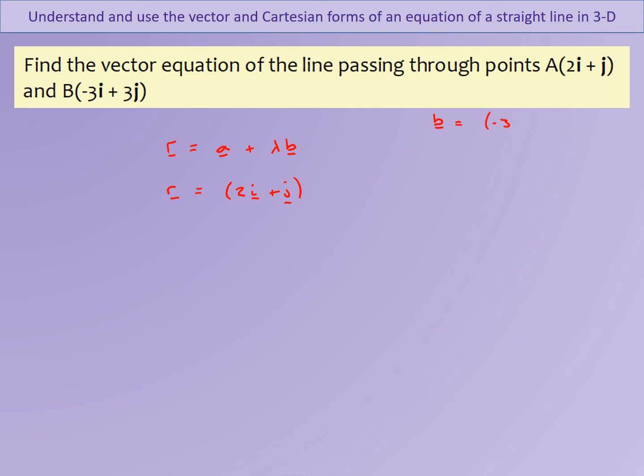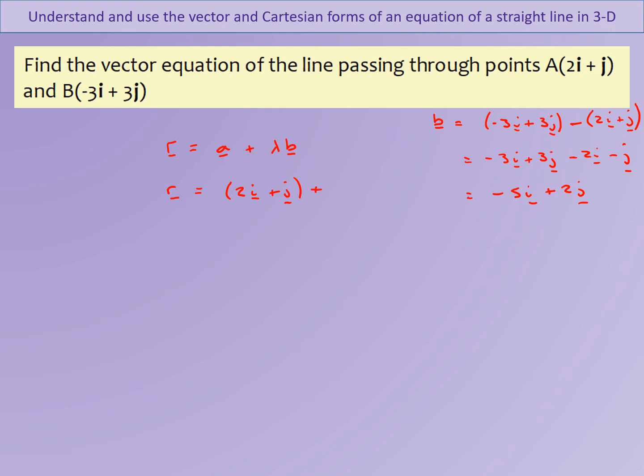So minus 3i plus 3j minus 2i plus j. So this gives us minus 3i plus 3j minus 2i minus j. So minus 5i plus 2j. So that is the direction vector of this line.